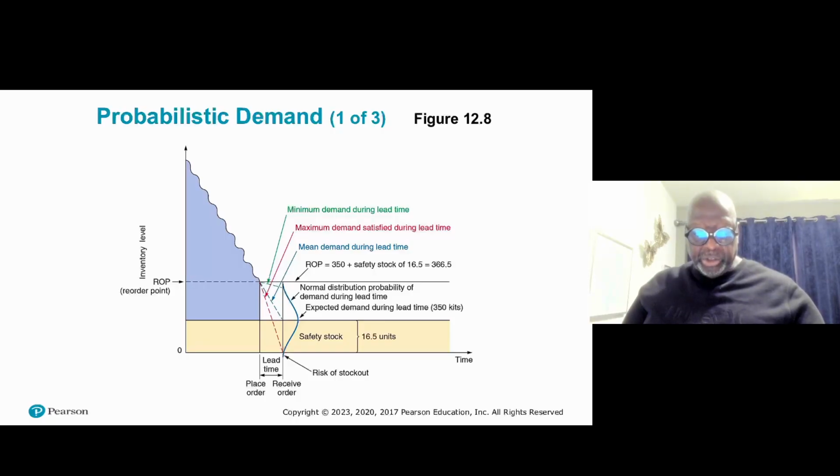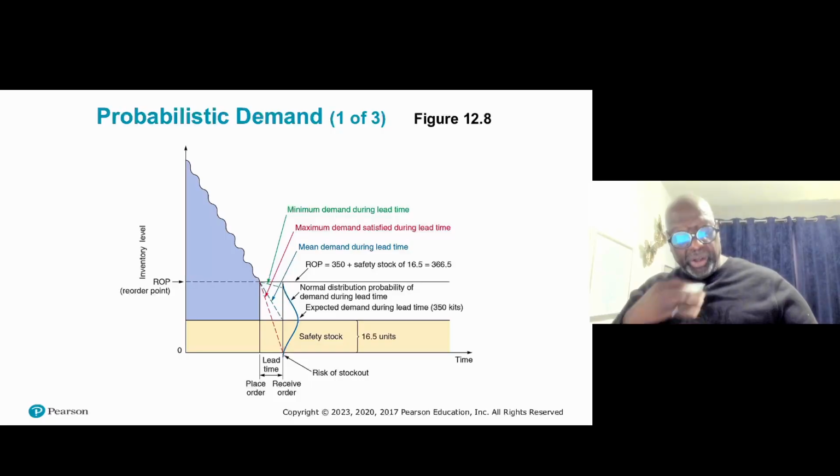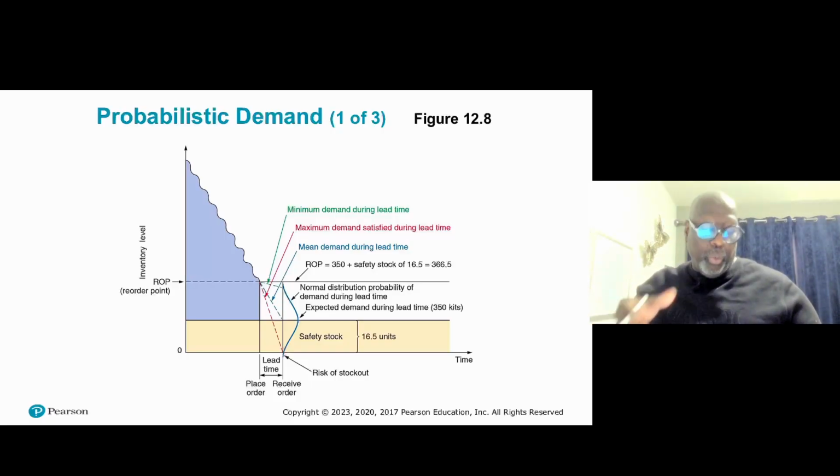This is just a diagram showing you that your demand could vary during the lead time, and so you could end up running out of stock, or you could end up having a lot of inventory left over when the items come.